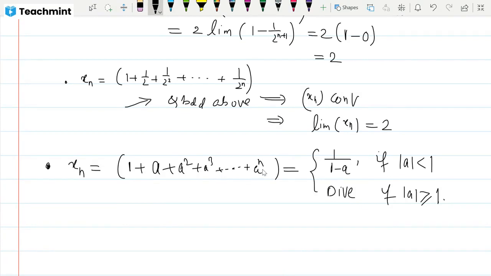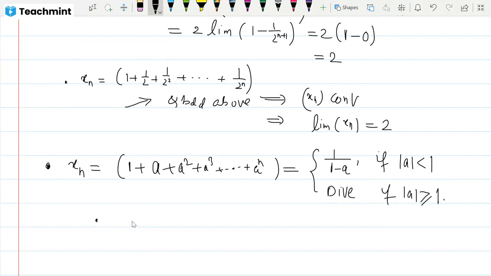This sequence converges to 1 by 1 minus a if mod a is less than 1, and diverges if mod a is greater than or equal to 1.